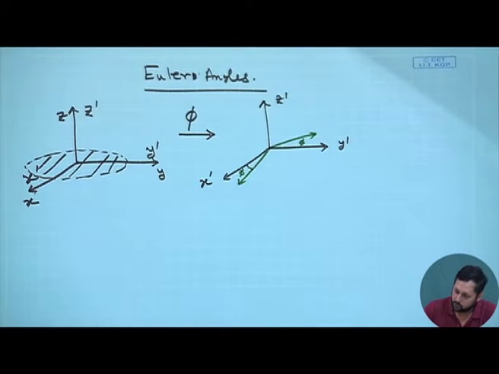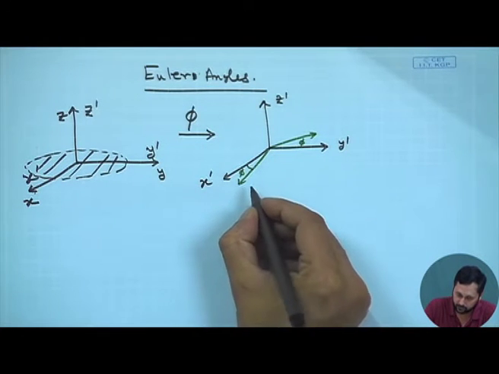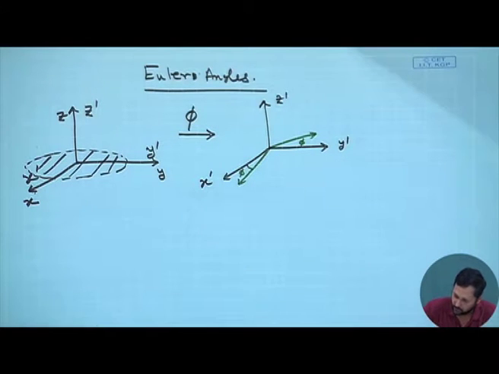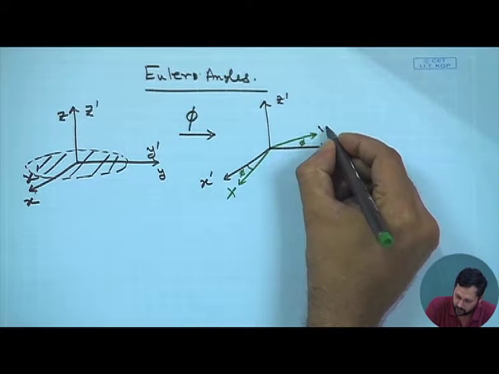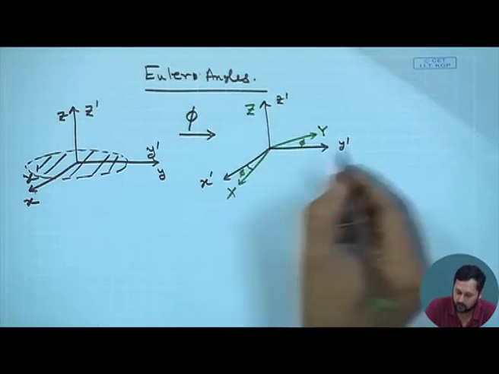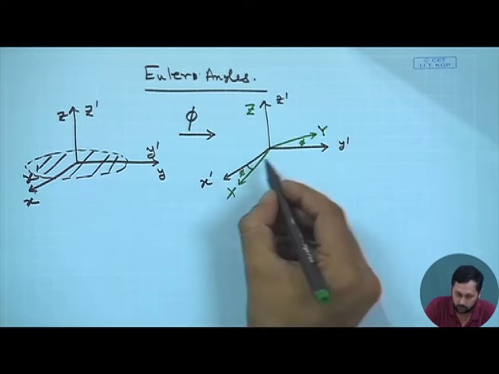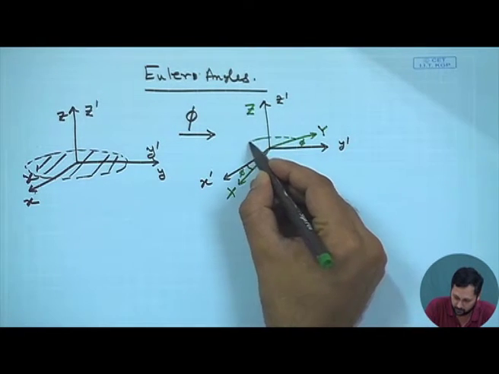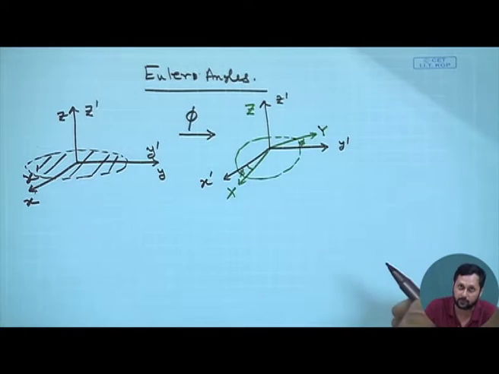Now, we will call this set of axes capital X, capital Y and capital Z, just a nomenclature. Capital Z and small z prime are coinciding at present. So, the object which we were discussing will also rotate slightly in the xy plane. So, it is the rotation of this object.